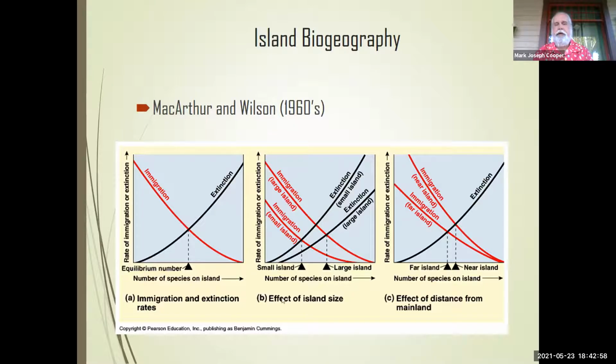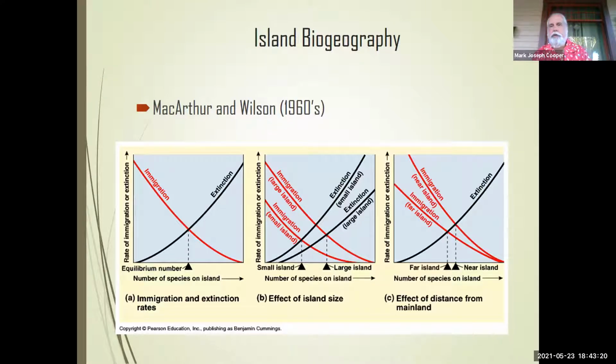The second thing they found out is effective island size, and it gets a little bit bigger, the graph. And what this says, if you look at it kind of down here, is small islands have fewer species than large islands. So that's pretty simple, I think, which makes sense. The larger island has more niches.